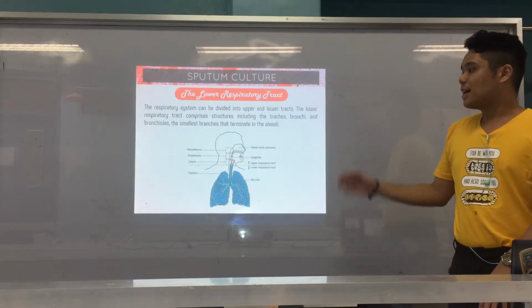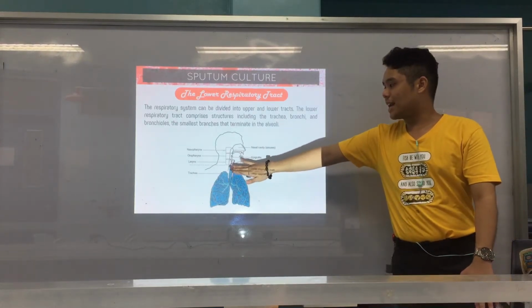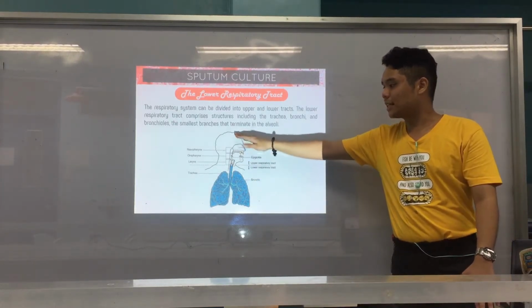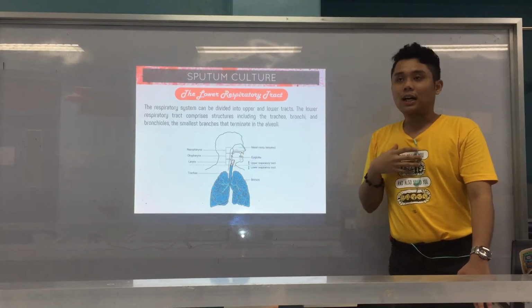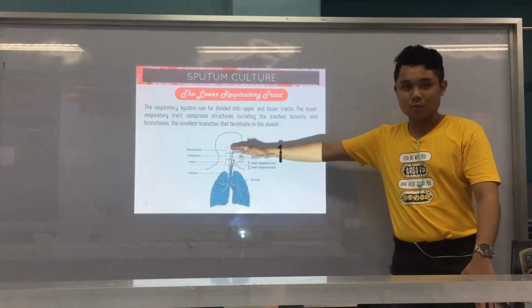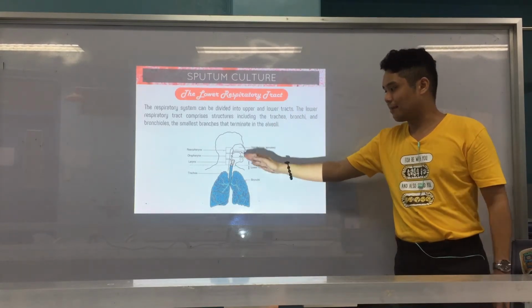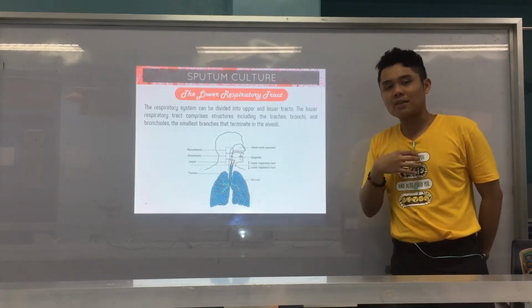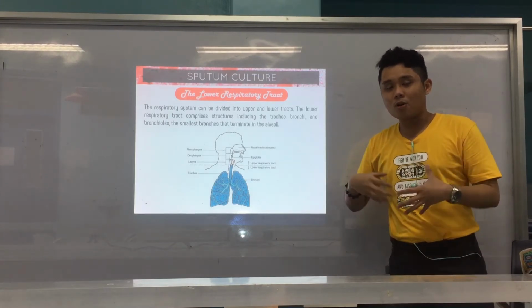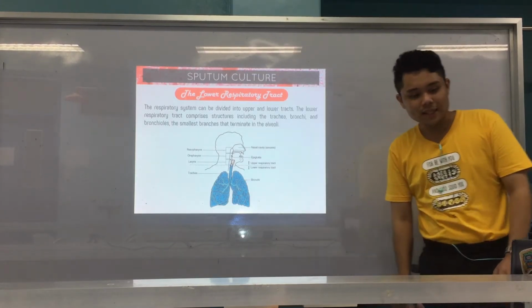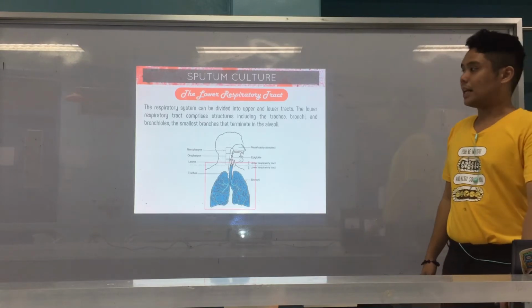So that's the lower respiratory tract: your windpipe, the bronchi, the bronchioles, and finally your alveoli.